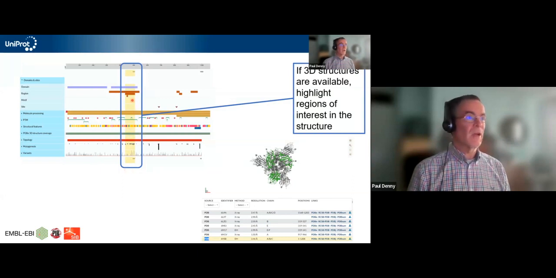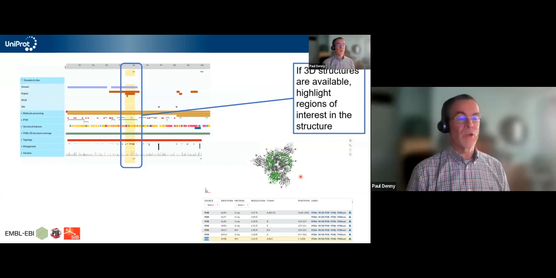This shows I've selected a specific region of the protein, this little block here. And it just so happens that this is a specific domain within the protein. And because there's a structure for this protein, highlighted in green here in this flat representation of a 3D structure, it shows this specific domain highlighted.